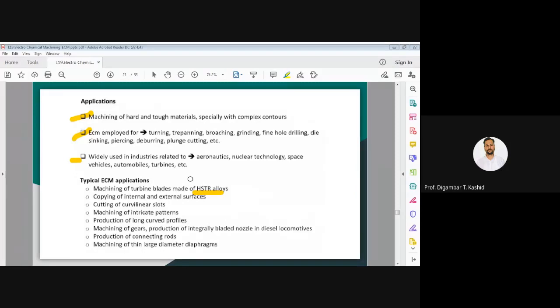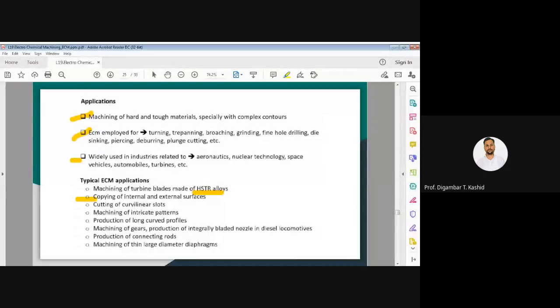Then the second application: copying of internal and external surfaces. Then cutting of curvilinear slots. For any kind of curvilinear slot you want to cut, you first have to generate a tool.